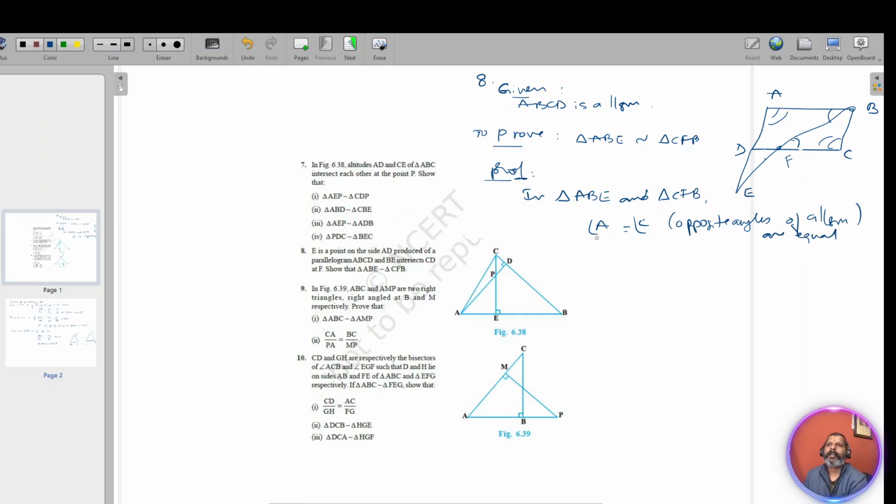A and C are equal. Then we'll take another alternate angle, that is ABE equal to, see ABE means this B angle is equal to the CFB because AB and DC are parallel. Opposite pairs of sides in a parallelogram are parallel, right? Opposite sides.